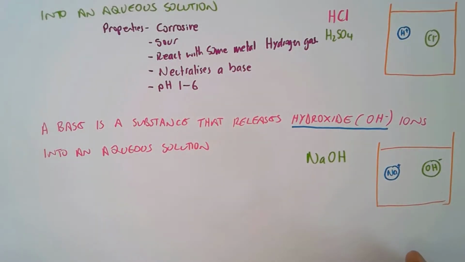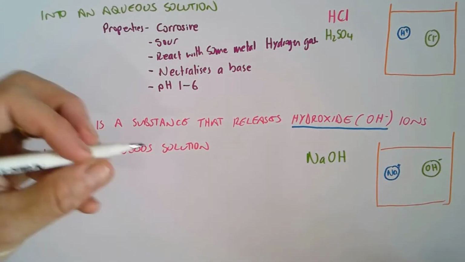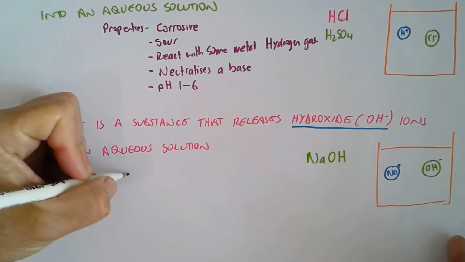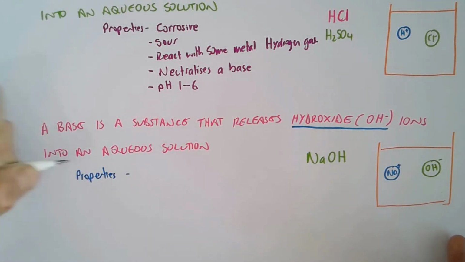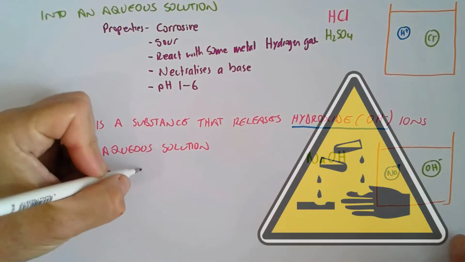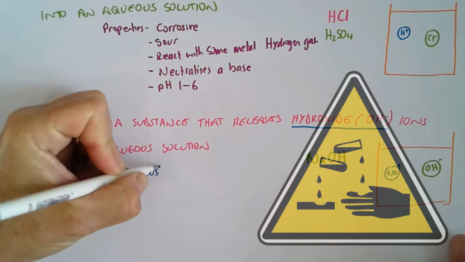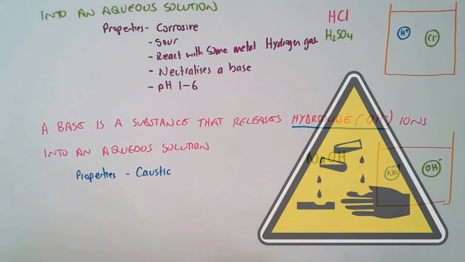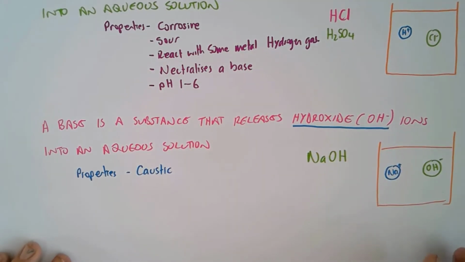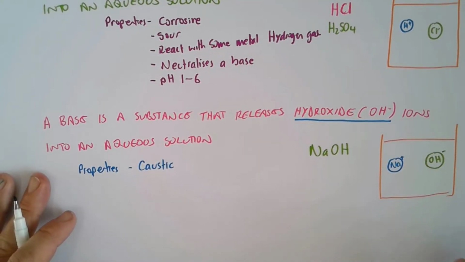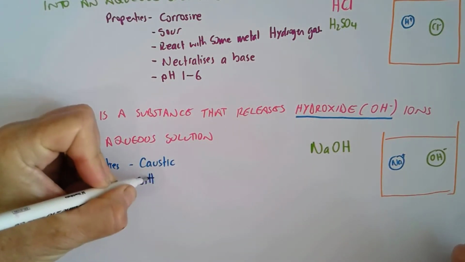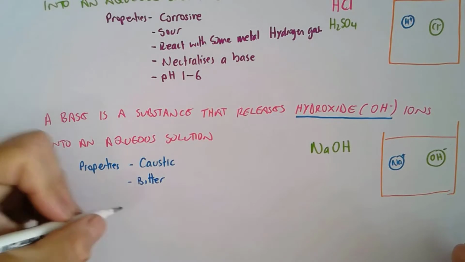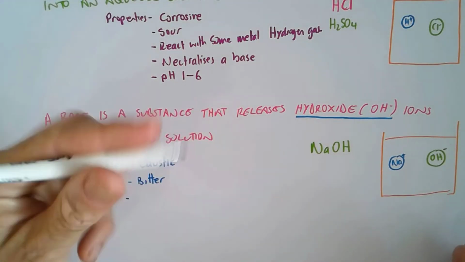Some properties of bases. They are caustic. So acids were corrosive. We say that bases are caustic. So think of some really strong cleaning chemicals like bleach. They are caustic. They taste bitter. They have a real soapy feel.